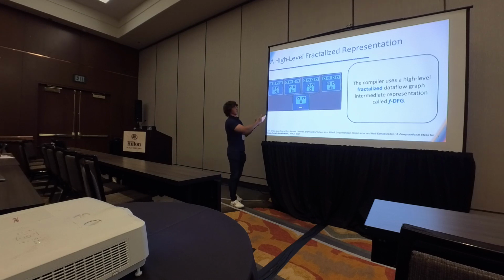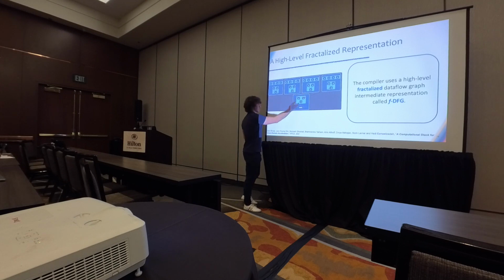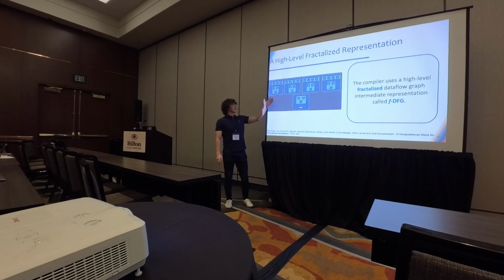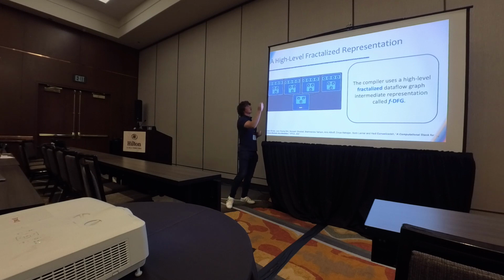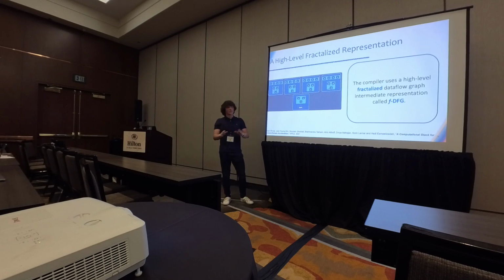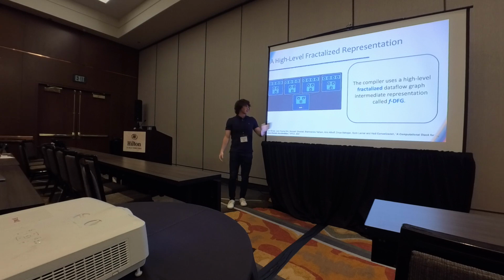For example, the darkest blue here is some operation, and then it is composed of these 4 operations that feed into one final operation, and then we can look even farther down and see that there are some more sub-operations. Then we get down finally to this lowest level of computation. It's just a ton of primitive operations like additions or hyperbolic tangent, etc.